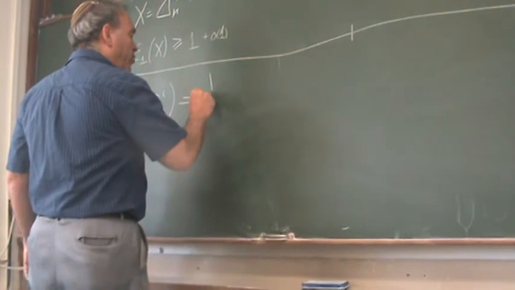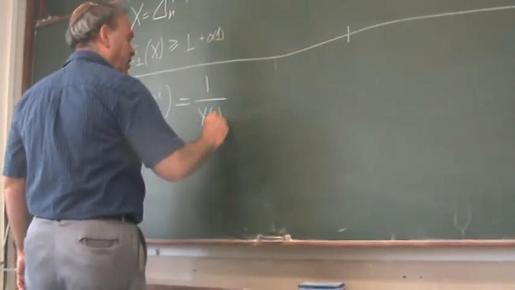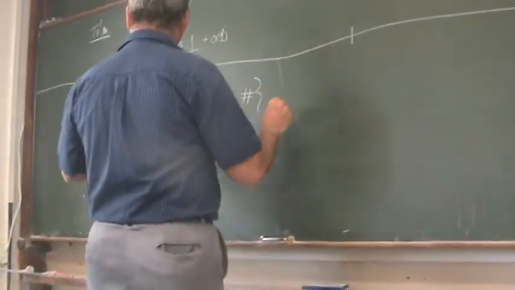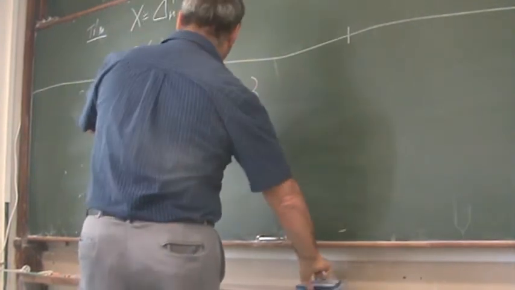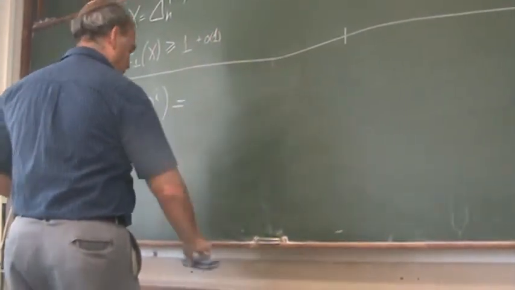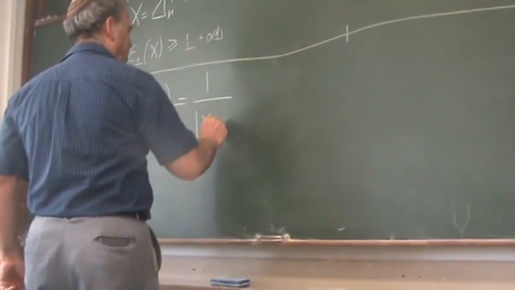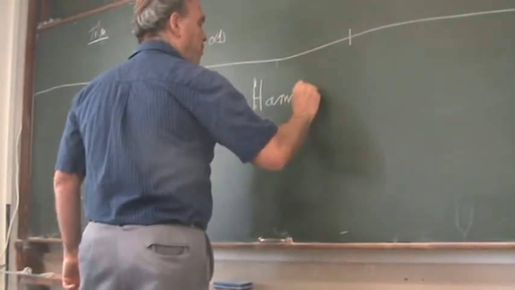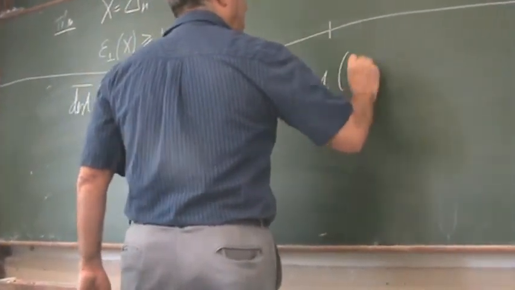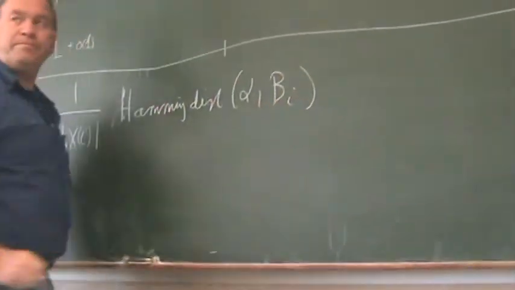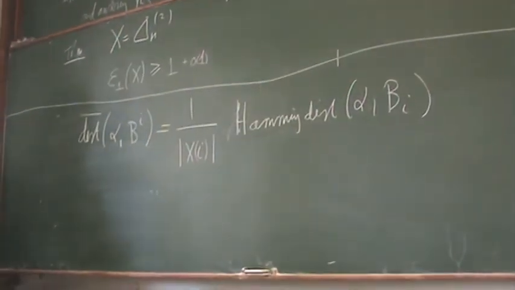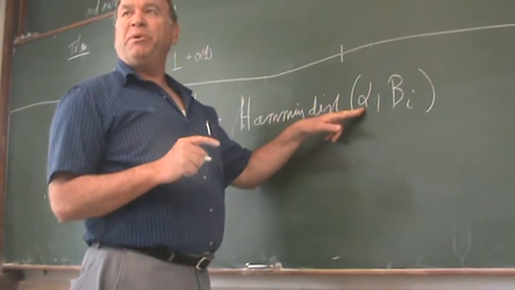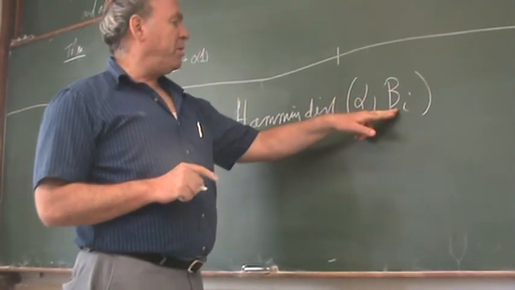It's really 1 over the size of XI times the Hamming distance between alpha and BI. But what is the Hamming distance between a vector alpha and a vector space?